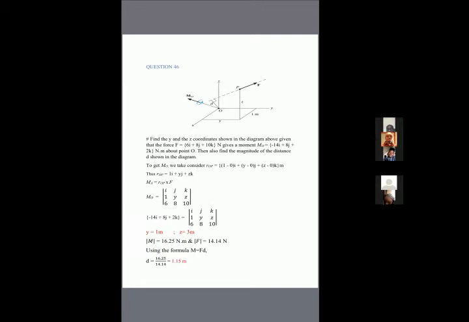The y and the z you're not given in terms of its vector component. Then you're taking the moment about point O. Then the question is asking us to get the values of y and z there.